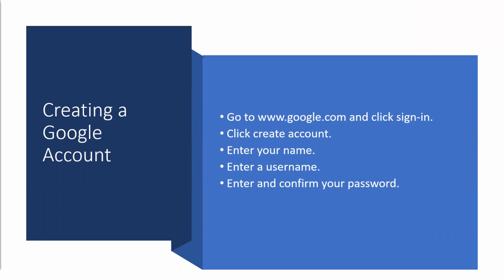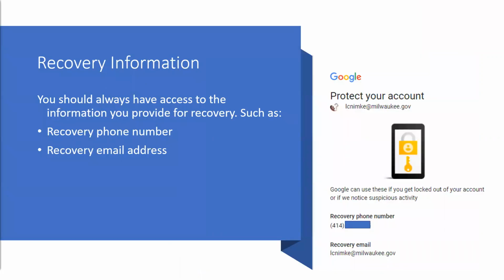Let's talk a little bit about recovery information. We've covered this concept before a couple of times, but it's always worth reiterating, so bear with me here. If you forget your password or someone else gains access to your password, you want to have your recovery information listed on your Google account so that you can reset your password if you forget it or take back control from the ne'er-do-well.